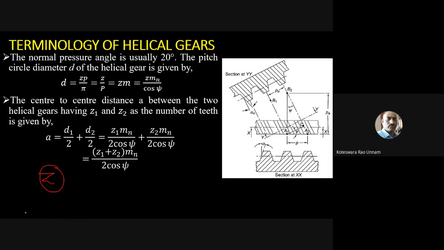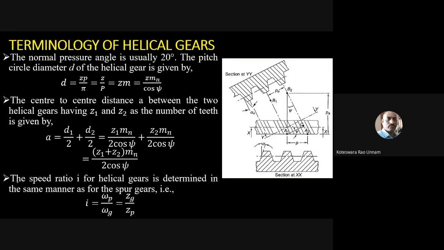For that, we need to find out the formative number of teeth. Of course, the speed ratio remains the same as for a spur gear. The speed ratio for helical gears is determined in the same manner as for the spur gear. I is called the speed ratio, the speed of the pinion and speed of the gear. Here, speed is expressed in RPM or radians per second, it doesn't matter. It should be equal to ZG by ZP, the number of teeth on gear divided by the number of teeth on pinion.